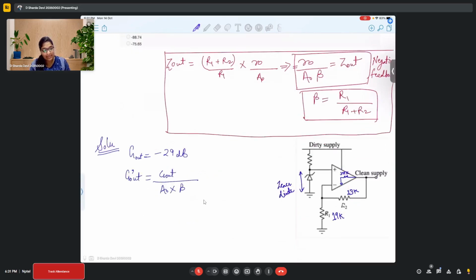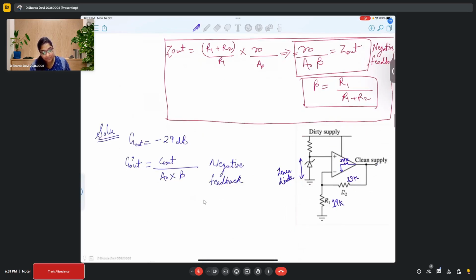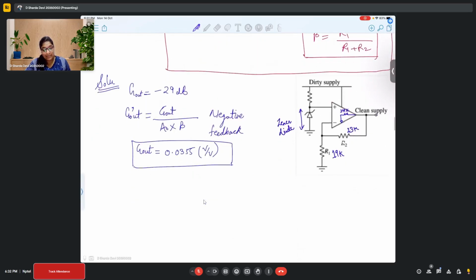Because of this negative feedback, the gain would again reduce. Earlier, the minus 29 dB gain, when you take the antilog of this, G out comes out to be 0.0355 volt by volt. This is the gain for the ripple earlier.